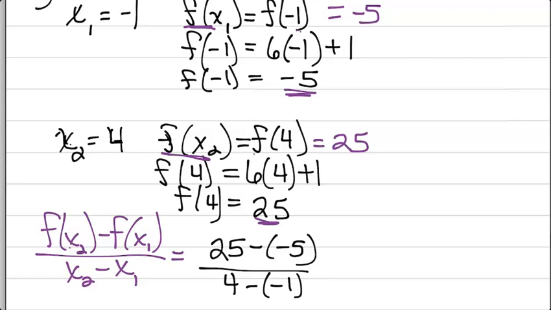Notice 25 is where I started on the y, so the 4 is where I started on the x. You see 25 first in the numerator, you see 4 first in the denominator. So 25 minus a negative 5 is a 30.